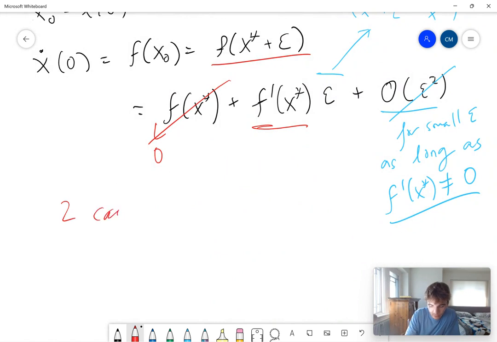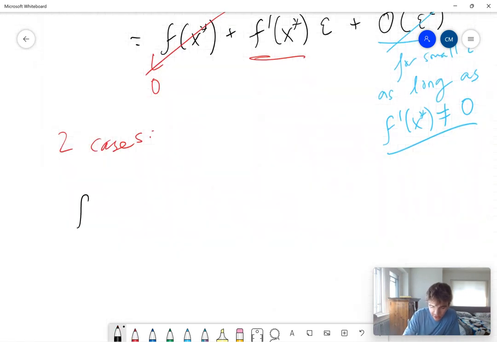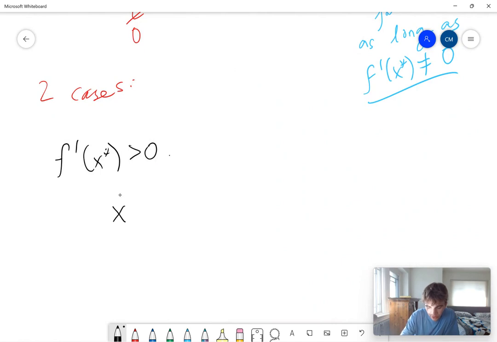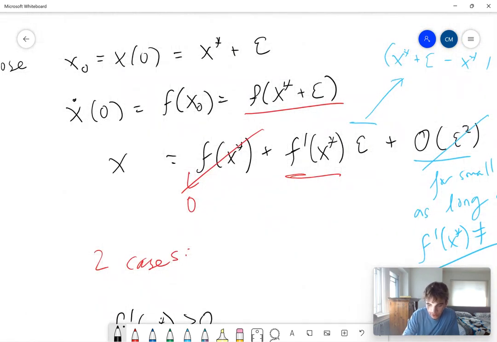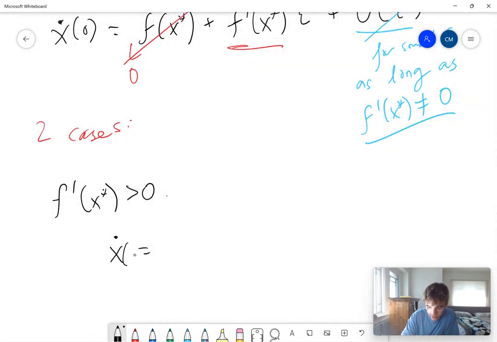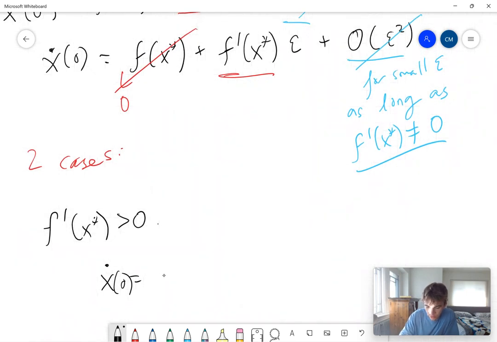Okay, the first case is that f prime of x star is positive, in which case we get x dot. Remember, x dot is what we started out with at time 0, is equal to some positive number, f prime of x star, times epsilon, roughly, because we're neglecting higher order terms.